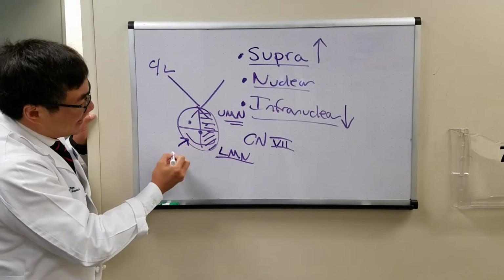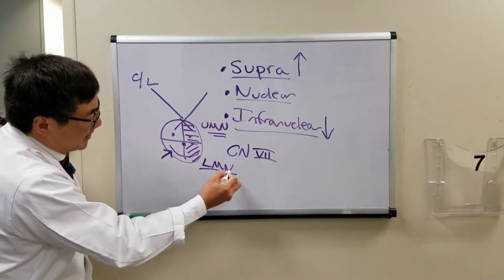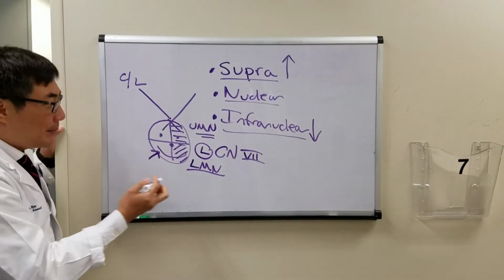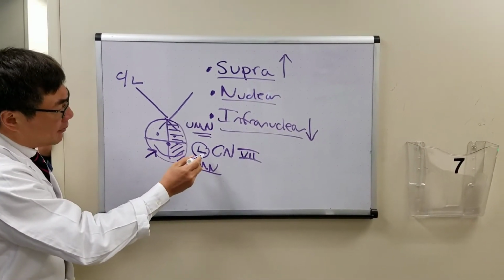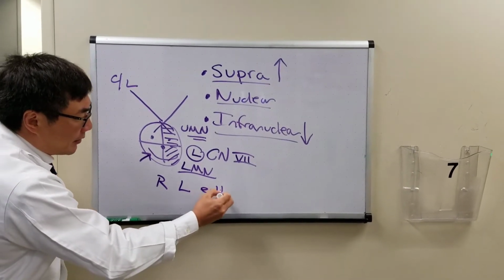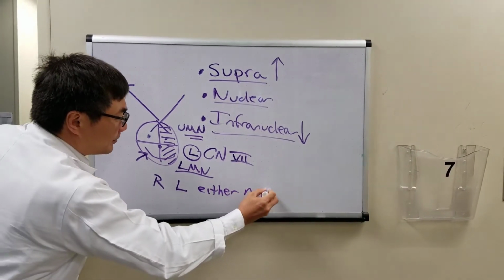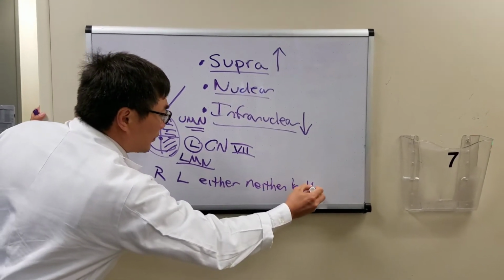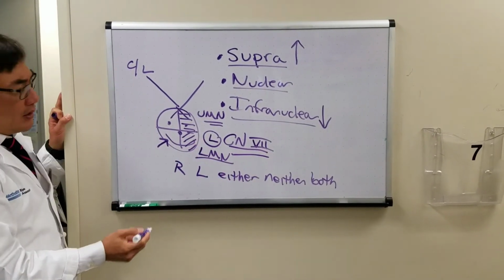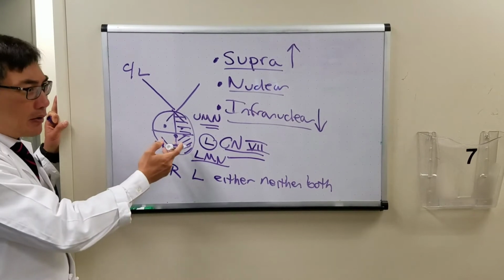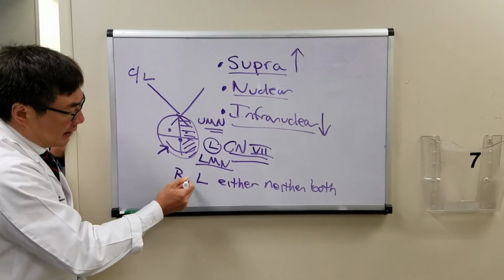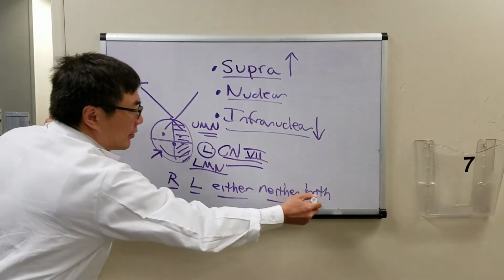And so if I ask the resident, in a patient who has what looks like a seventh on the left, and the left face is weak, if the question is, is the problem on the right side, the left side, either, neither, or both, you cannot tell by just a seventh nerve paresis whether it's right side or left side. We need to know whether it's the lower face, the upper face, or both to be able to answer the question, is it right, left, either, neither, or both.